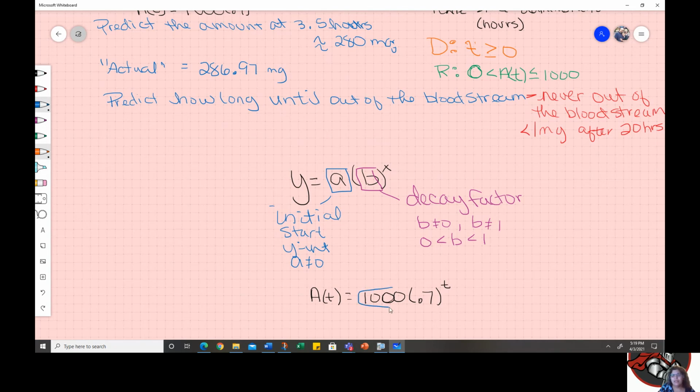This 1,000 is our initial value. That's our starting value. That's how many milligrams we started with when we took the medication, or the patient took the medication. And this 0.7 is our decay factor.